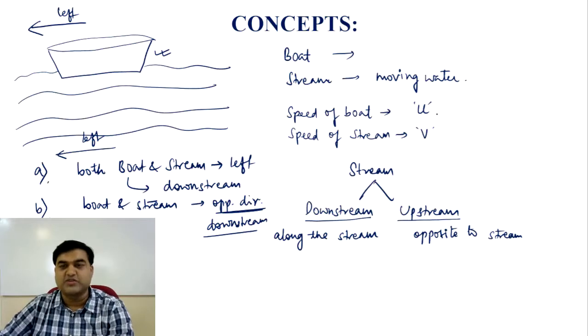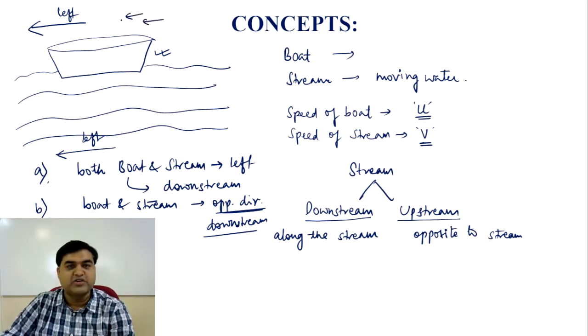Suppose the boat has a speed of u kilometer per hour and the speed of stream is v kilometer per hour. In downstream, both are going in the same direction, so the total relative speed, that is the speed in downstream, will be the addition of these two.